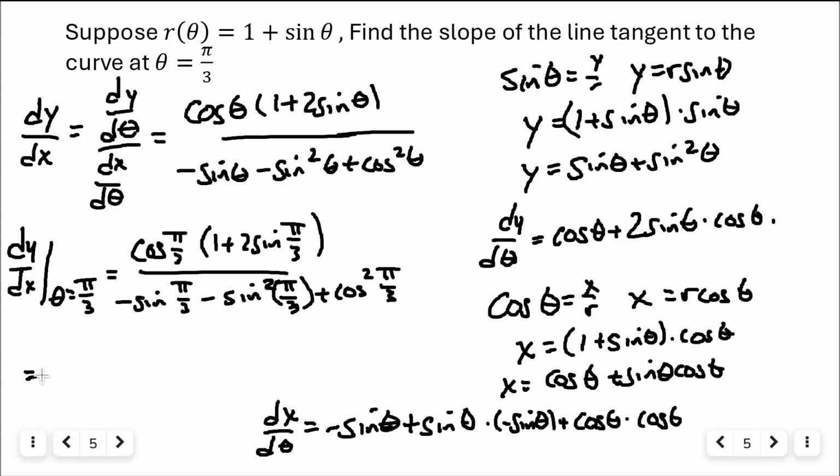All right, let's see what we get. So cosine of pi over 3, that's a half. 1 plus 2 sine pi over 3, that's root 3 over 2.